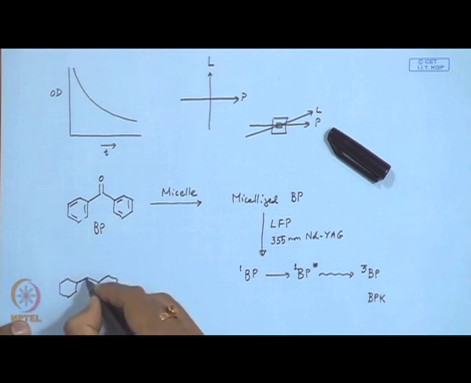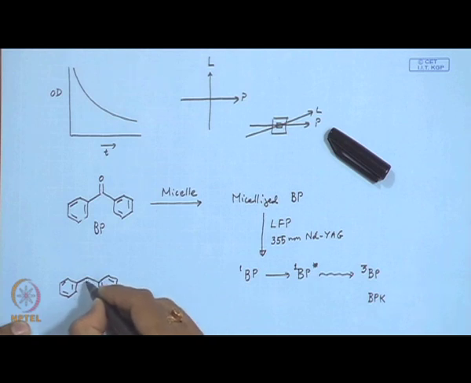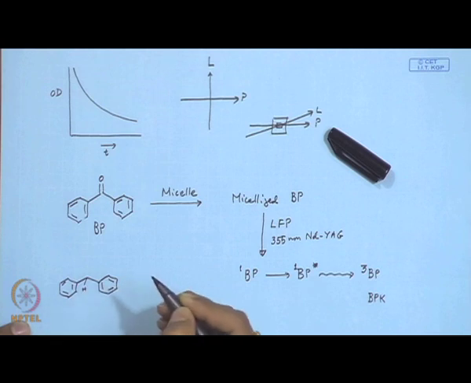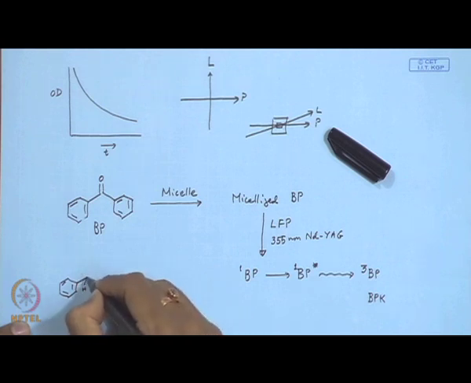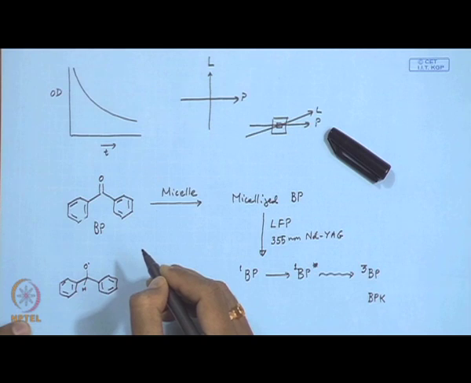Okay. So, benzophenone ketyl radical. So, it is like here one hydrogen, okay, one hydrogen and maybe like that. Okay.